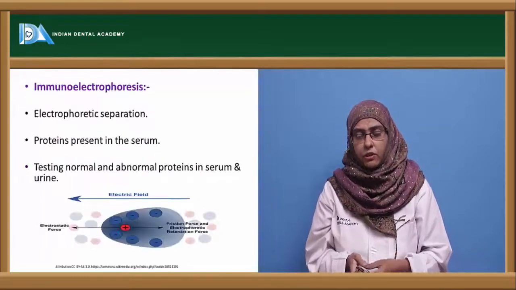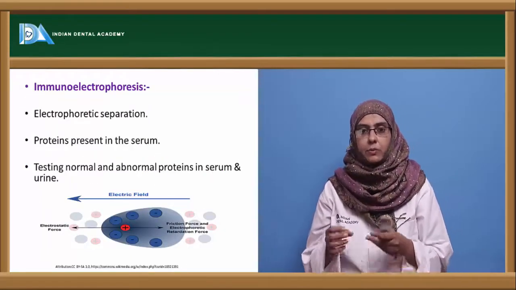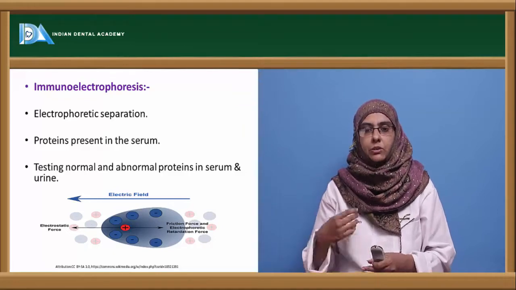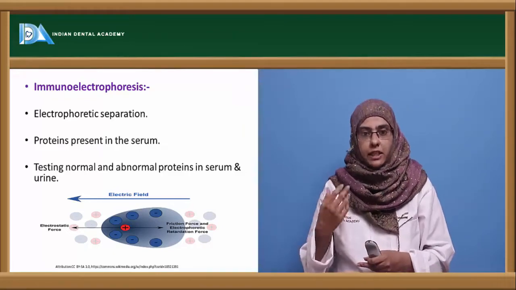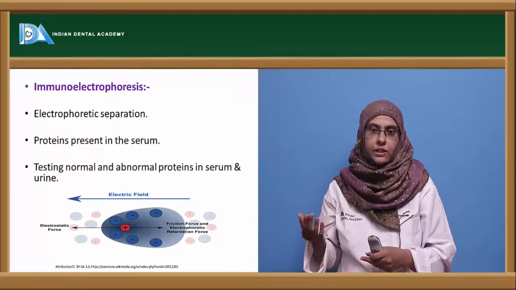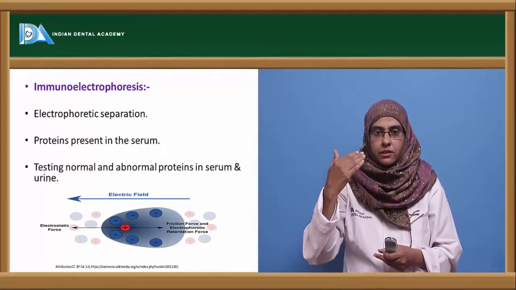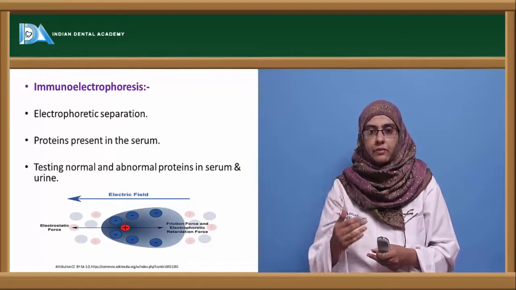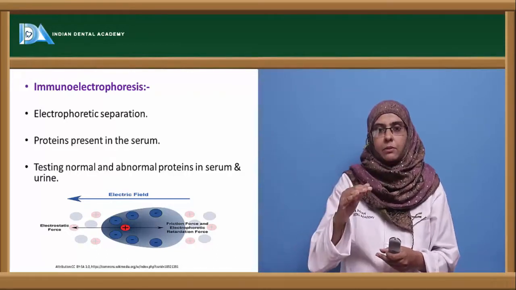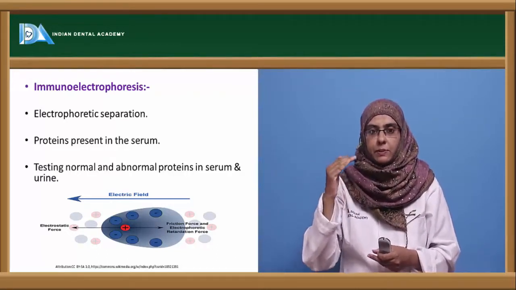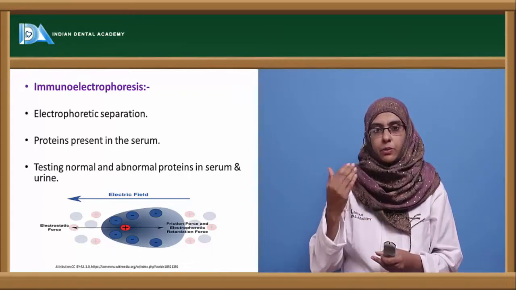So in this technique, first the test serum that has to go with the immunodiffusion is electrophoresed at a right angle to the diffusion that is usually taking place. After that a trough is cut where the specific antibodies related to that particular protein are added.